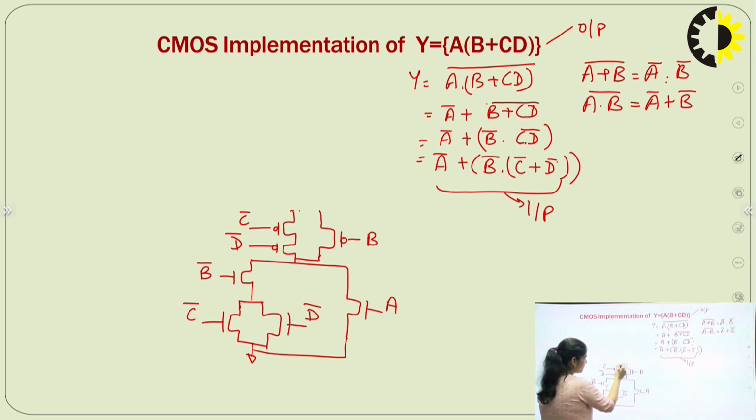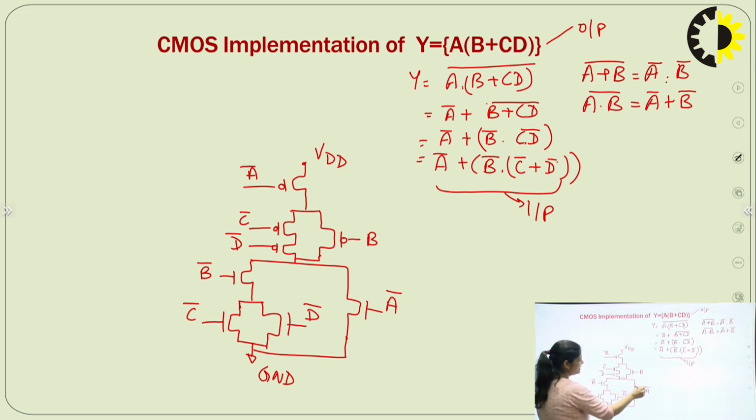Okay. Now here this is A bar. A bar was connected in parallel with this circuit, so A bar is connected in series with this circuit. And this is connected to VDD. This is connected to ground.